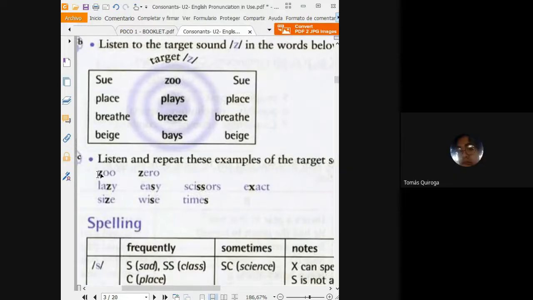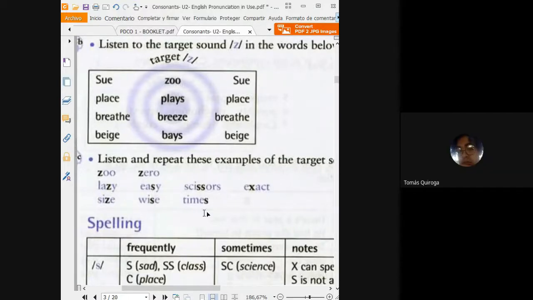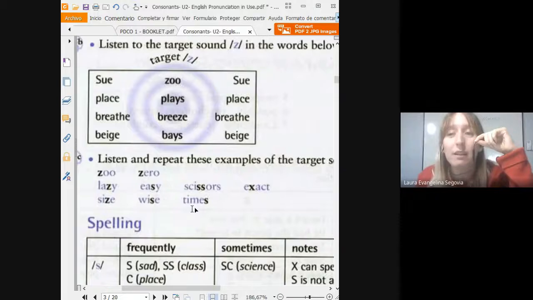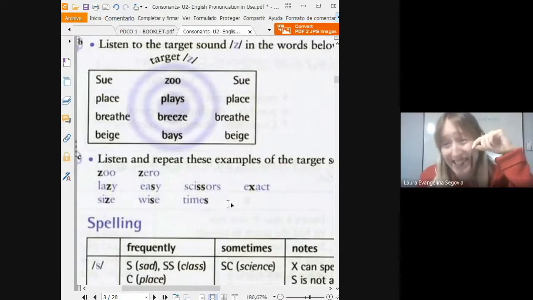Zoo, zero, lazy, easy, thesis, exact, size, wise, and times. Times. Times. Ah, that's it.